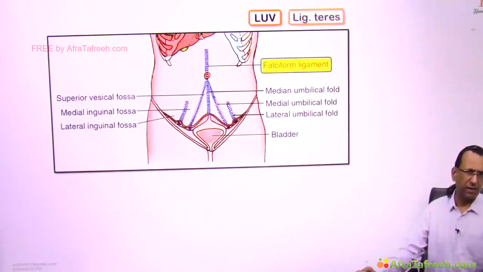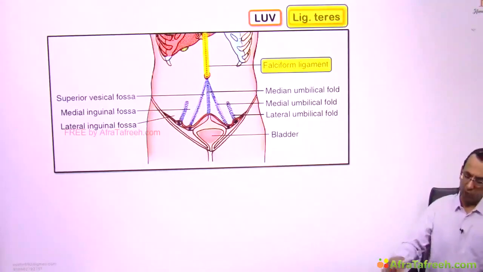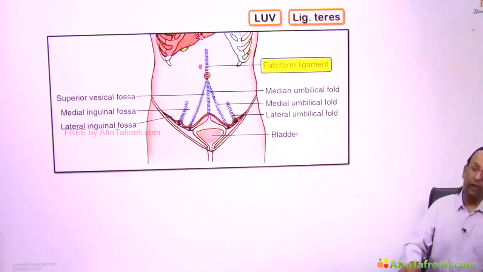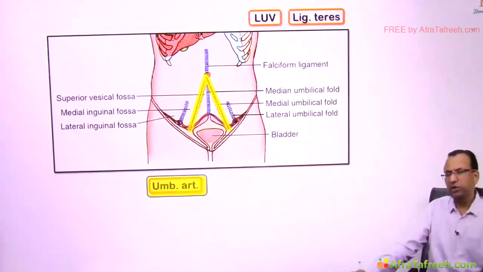What is the adult remnant of the left umbilical vein? It would have become ligamentum teres in the adult. And who is carrying the ligamentum teres in the adult? The same falciform ligament to the liver. Okay, I think we got a question on umbilical arteries producing some peritoneal fold here.